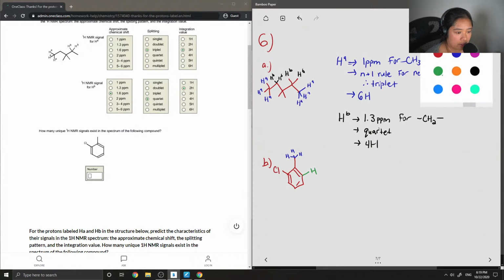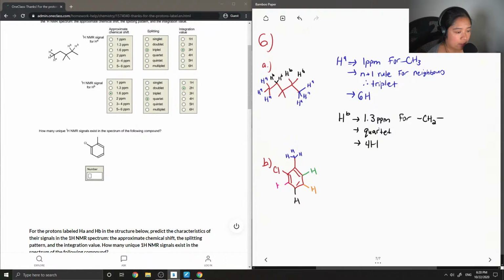There's a hydrogen there that is right beside a methyl group. So therefore it's chemically different than the hydrogen beside it, which will also be different to the hydrogen para of the CH3, but also closer to this chlorine group.